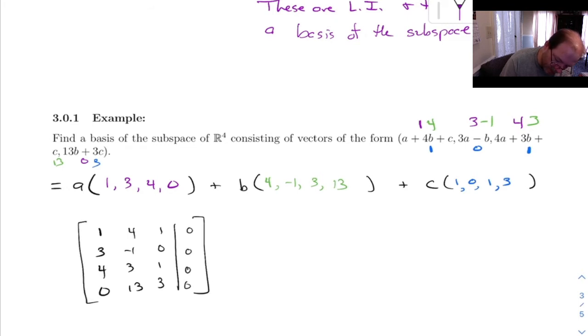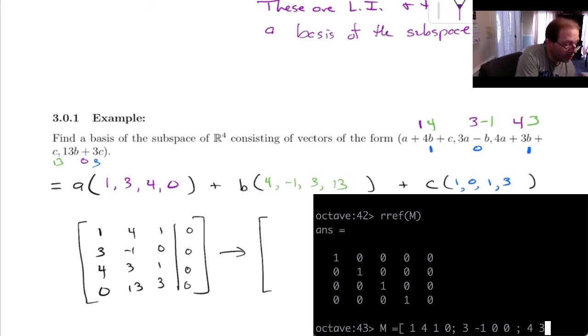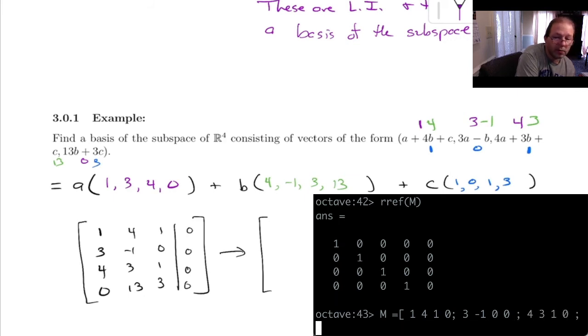We're going to take these and row reduce this. And row reducing is going to sift out any linear combinations that happen to be among them. So I'm going to put that in as my matrix: 1, 4, 1, 0, 3, -1, 0, 0, 4, 3, 1, 0, 0, 13, 3, 0.